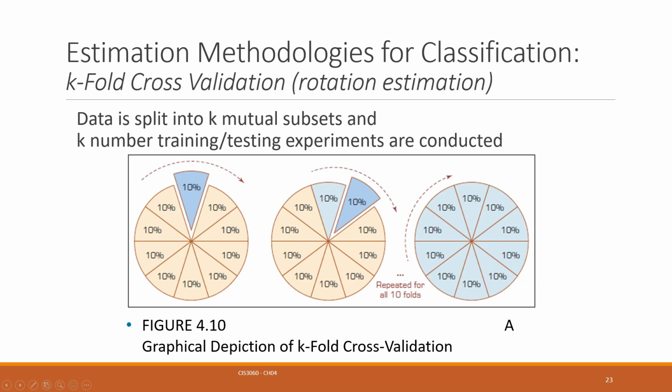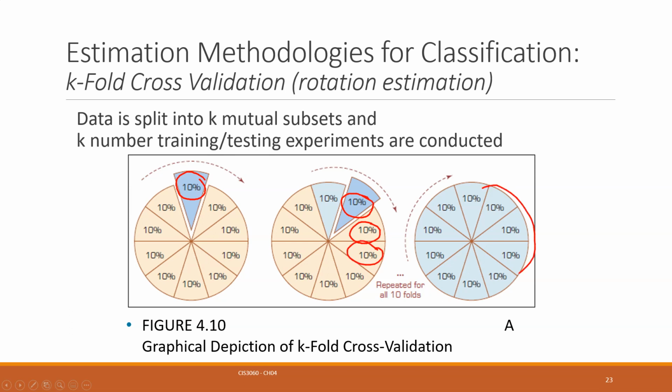So here's a quick graphical representation of how validation can be made in certain models. One example is that you take a subset of your data, let's say 10% of it, and then you use that to develop your model. And then you do that again with your next 10% and your next 10% and next 10%.